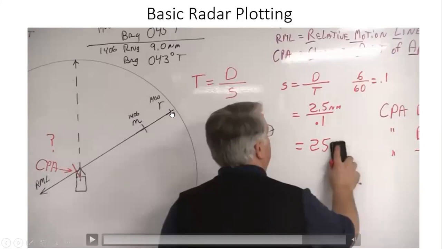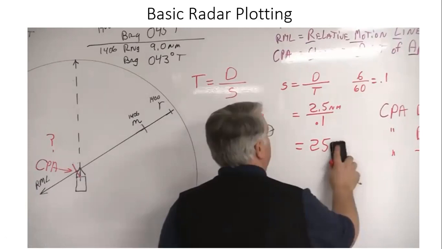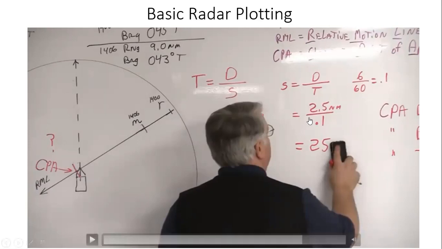Use your divider from this point up to this point, it will give you 2.5 nautical miles. Of course, it became 0.1 because 1 hour is 60 minutes. Since it is 6 minutes, times 10, it will be 60. That's why it is 0.1. So, 2.5 divided by 0.1, it will be 25 knots.